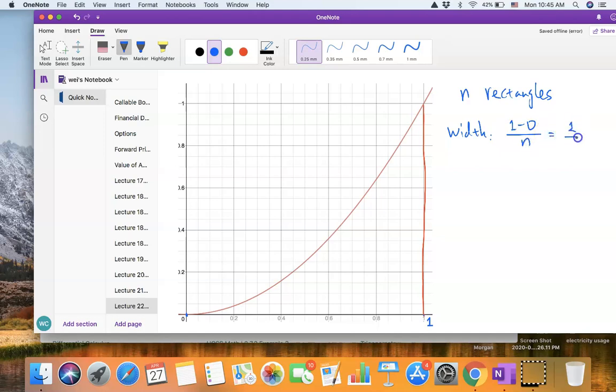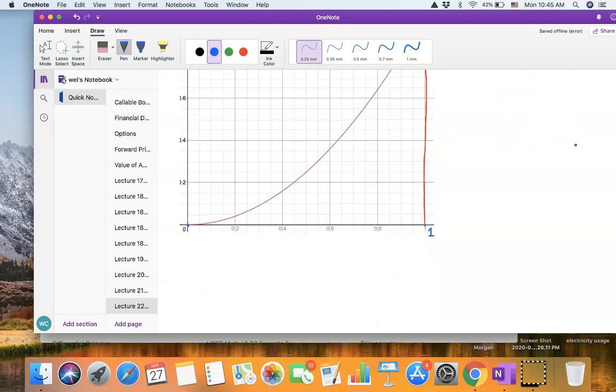So it's 1 over n. This is the base of the first rectangle, the base of the second rectangle, the base of the third rectangle, all the way to the last, the nth rectangle.